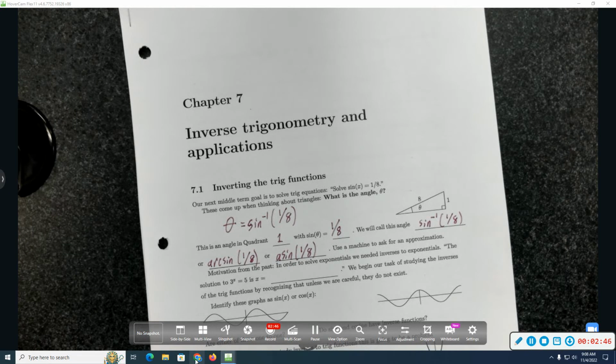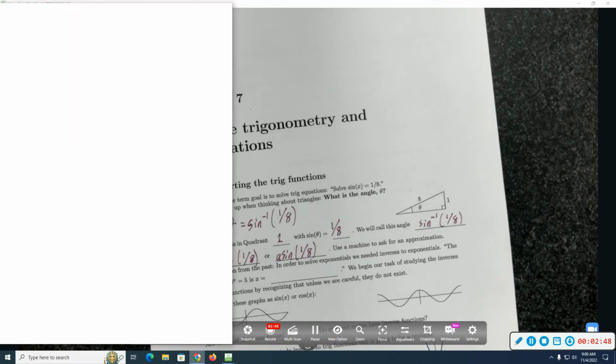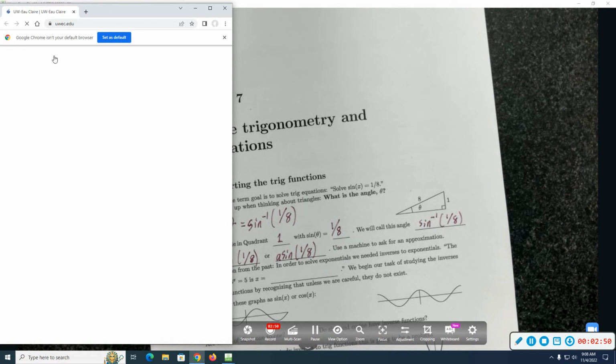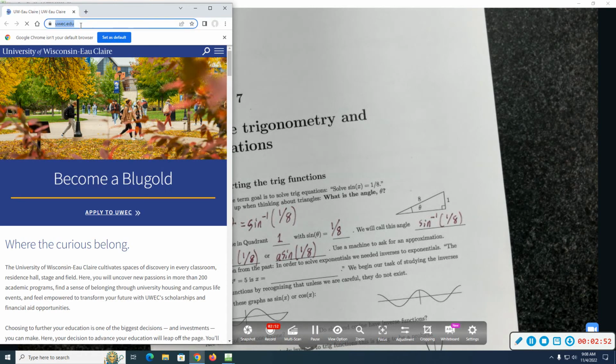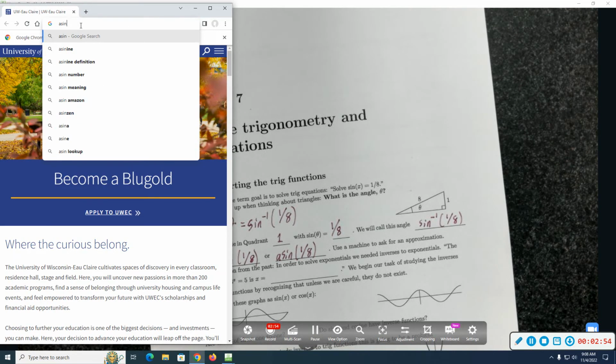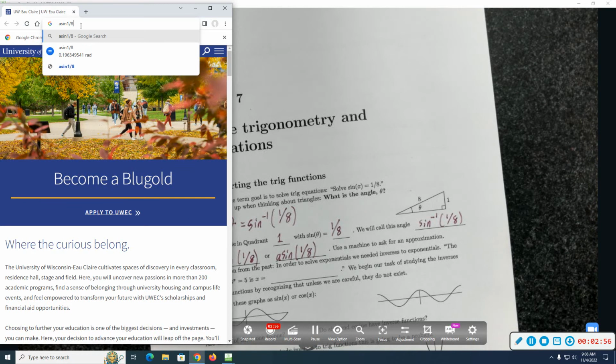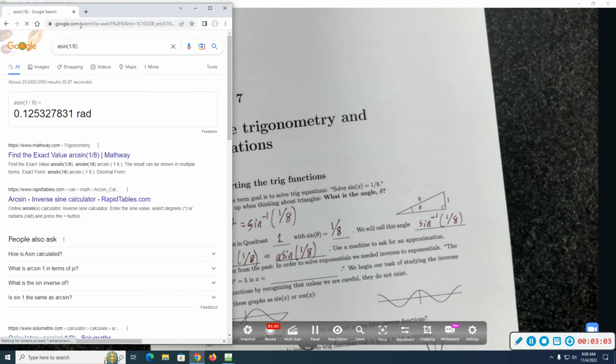While you do that, I'll do the same. Arc sine of 1 over 8. Parentheses probably matter here. I see around 0.1213, 0.13 radians.